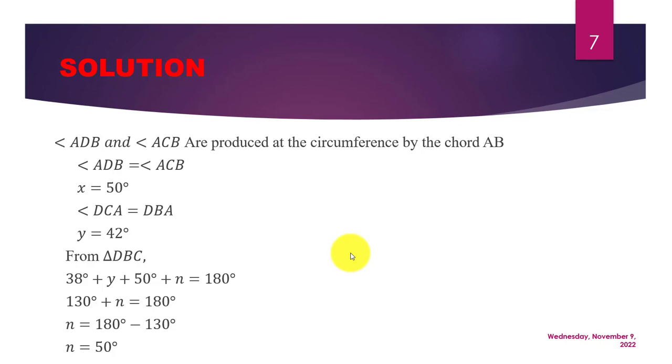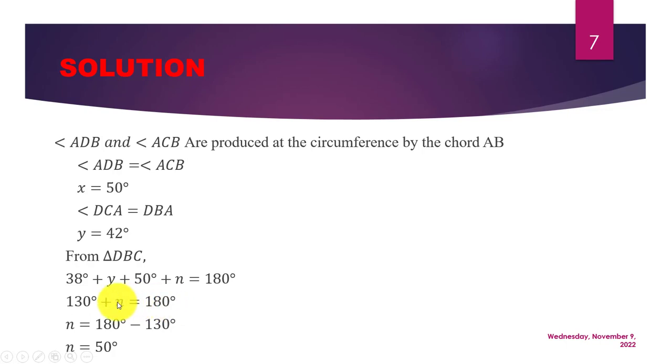My dear students, y is known to be 42 degrees, so we can substitute 42 degrees in place of y. When we add 38 degrees to 42 degrees and 50 degrees, we get 130 degrees. So we get another equation, which is 130 degrees plus n equals 180 degrees.